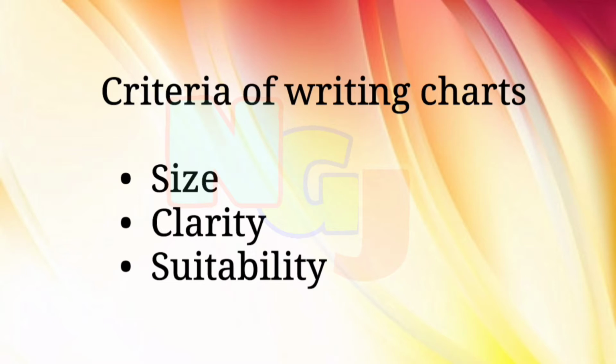If your answer is yes to these questions, then you fulfill the second criteria of clarity. And the third question that you should put to yourself is regarding suitability. You should ask yourself, is the content that is put on the chart suitable for providing the necessary practice to my students? If your answer is yes, then you fulfill the third criteria.